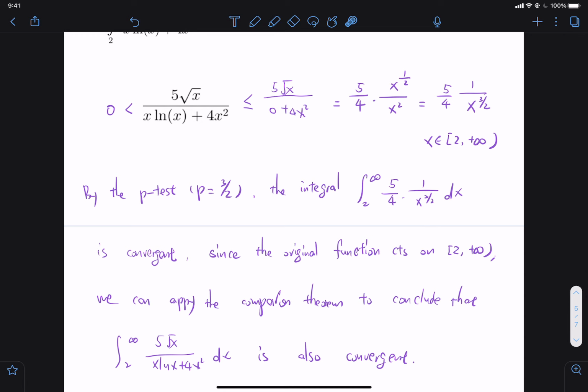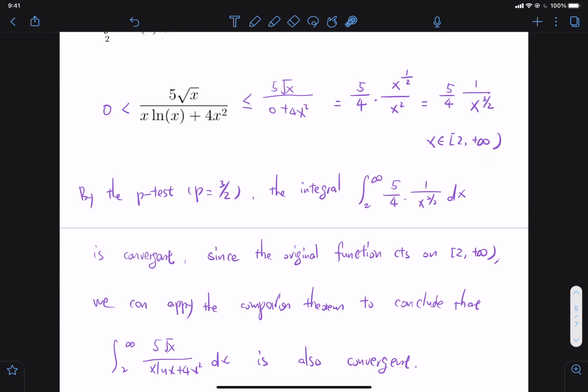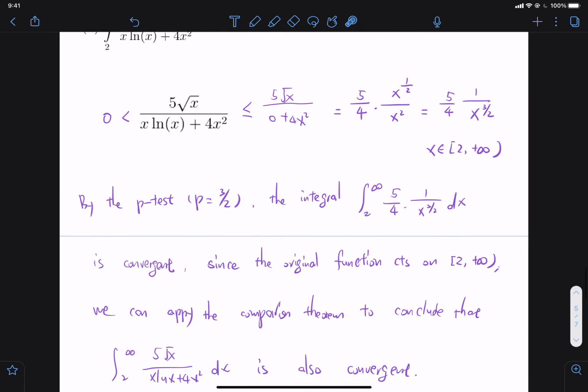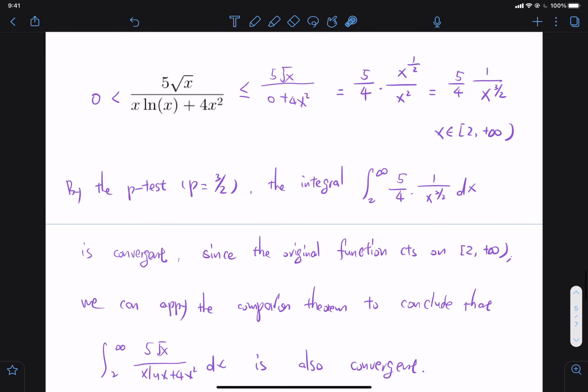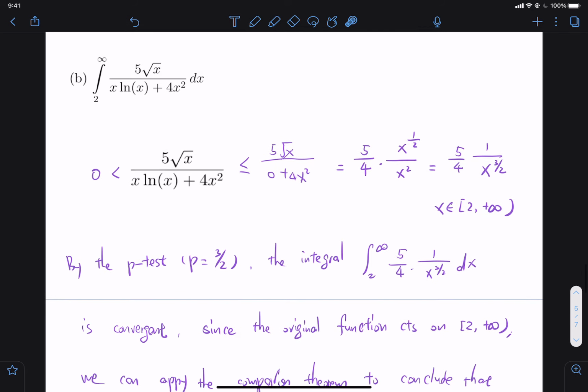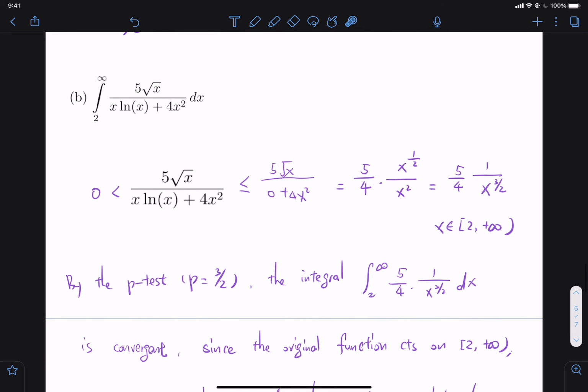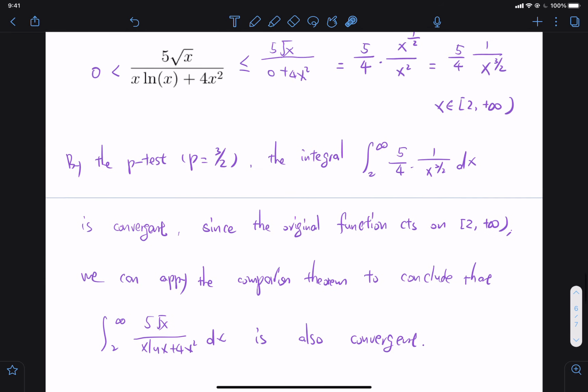Otherwise, we cannot use the comparison theorem. That is the very first assumption, and we need to always mention it when we do this. Missing this is not going to be okay. So that is our question B, convergent integral.